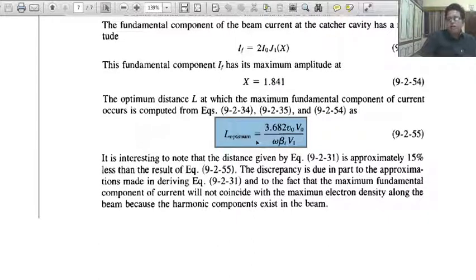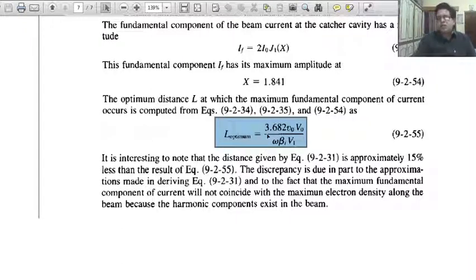If we compare this formula with equation 31, which we derived yesterday, the distance given by yesterday's equation is approximately 15% less than the result of this equation. That means this is 15% more. Okay. Why does this discrepancy happen?